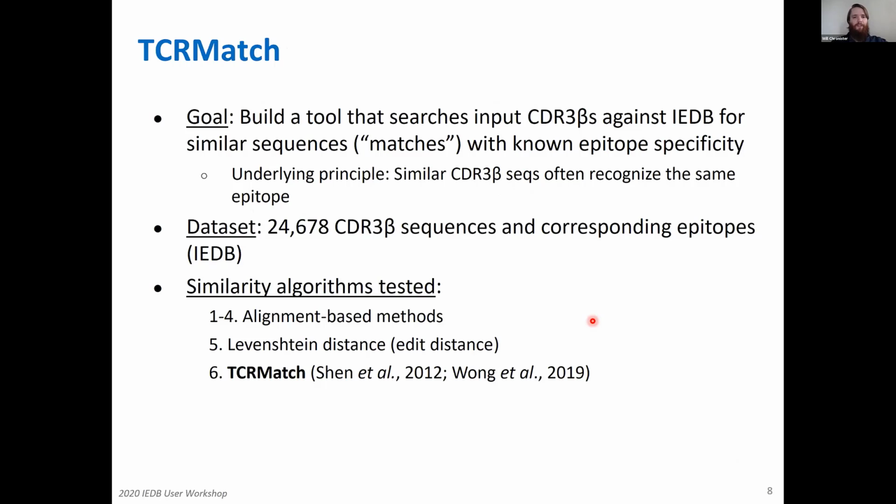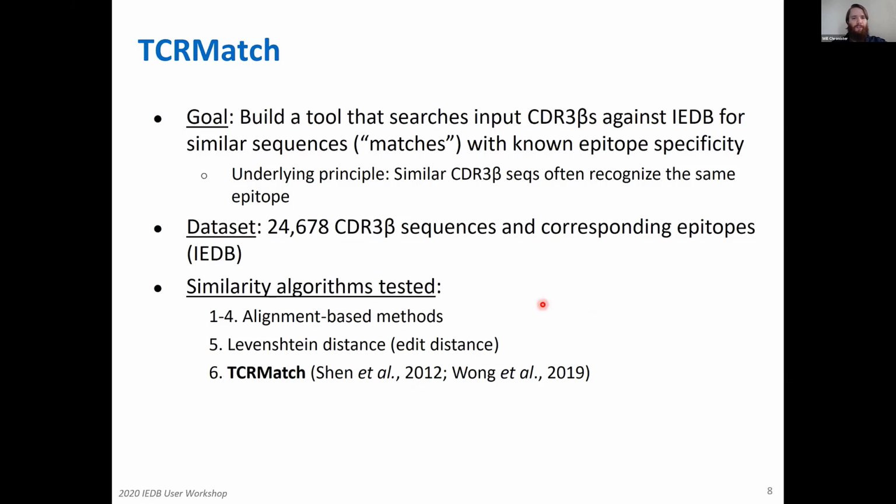So the goal for this TCRMatch tool was to build a tool that can search input CDR3 betas, such as from a repertoire sequencing experiment, against the IEDB for similar sequences or matches that have a known epitope specificity. And the underlying principle here, of course, is that if two CDR3 betas are similar, then there's a good chance that they recognize the same epitope. And we know that from prior research.